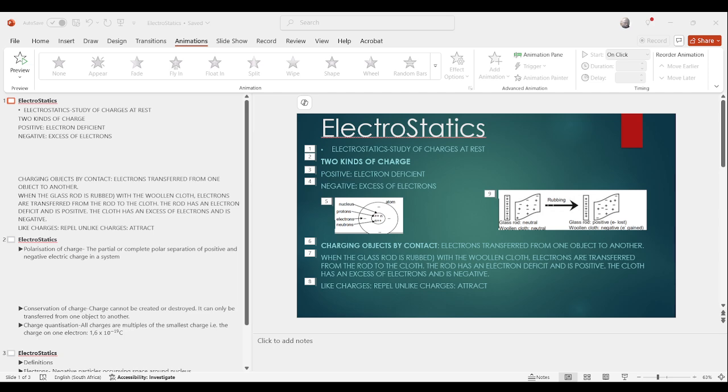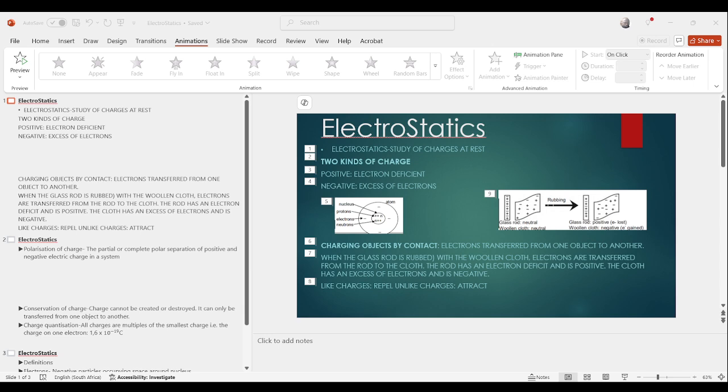If you bring a negatively charged object, it will repel all the negative charges in the neutral object, and you will be left with positive charges on the surface. So when this happens, negative charges and positive charges will be separated. This side is positively charged and this one is negatively charged.